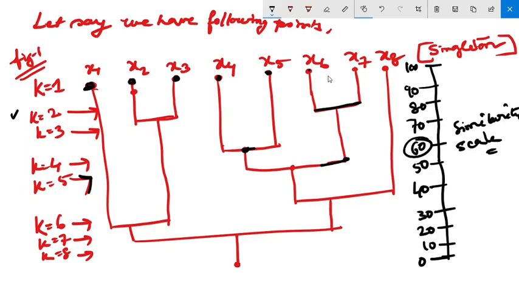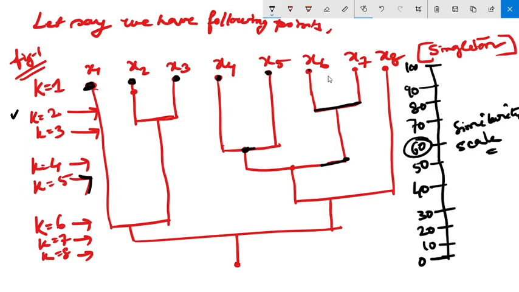Now the vertical axis shows a generalized measure of similarity among clusters. Here at level 1, all 8 points lie in singleton clusters.